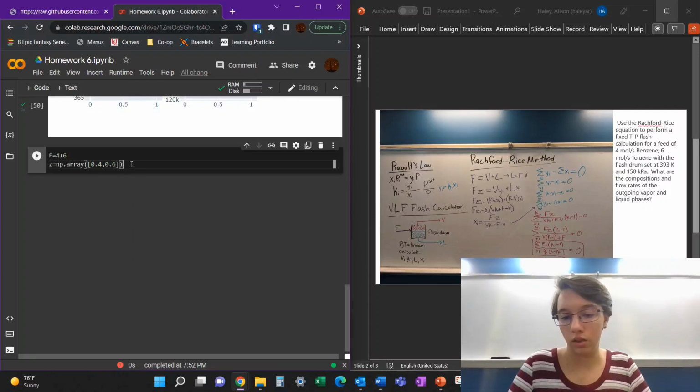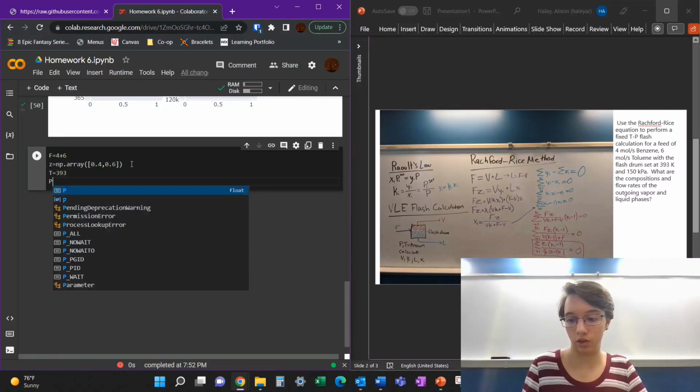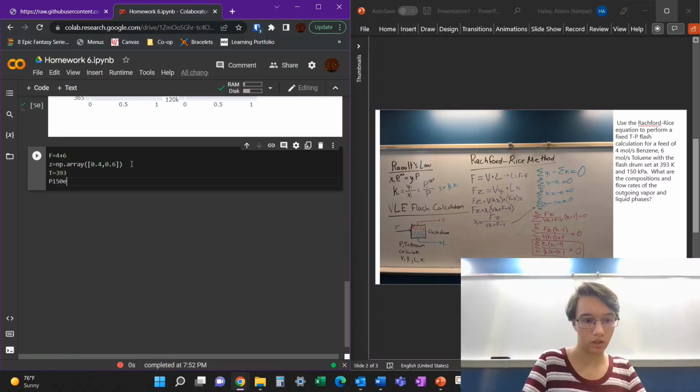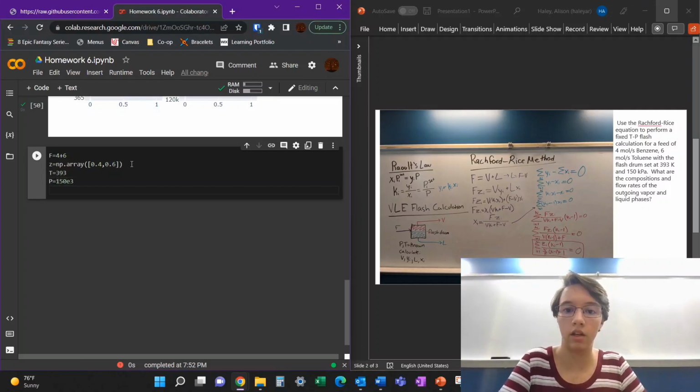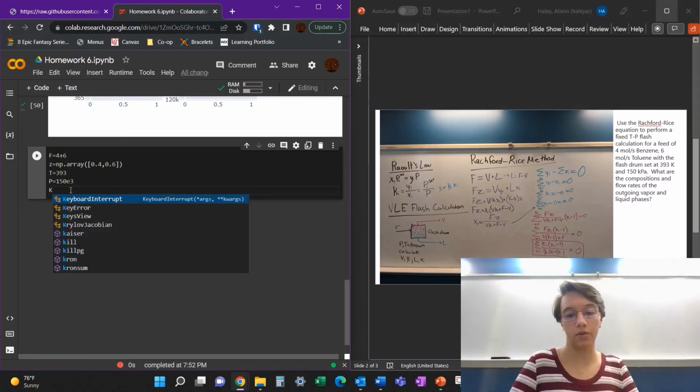And then we have our temperature, which is known, and that is 393 Kelvin. We have our pressure, which is 150 kilopascals. Right, and then one last thing we know is our K value, because we can calculate that from the temperature and the pressure.